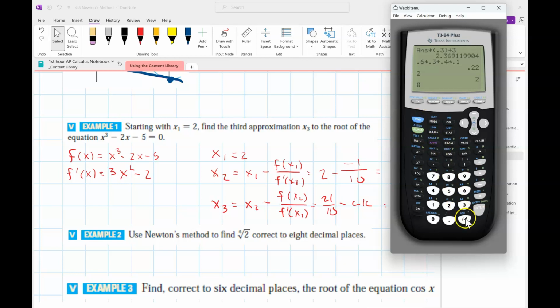And I'm going to do ans minus, and I'm going to do alpha y equals and pick the first fraction command.